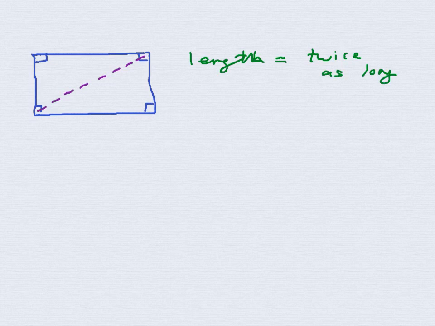So now we're into algebra. We're into representing lengths with letters. And you might also be told that the diagonal, say, for example, is 20 meters. Find the perimeter of this rectangular park. That's a very typical question.